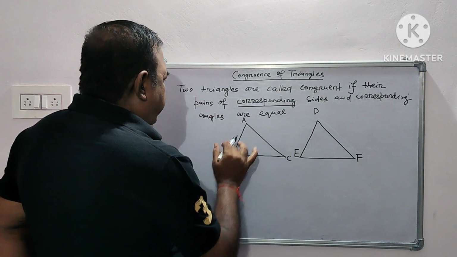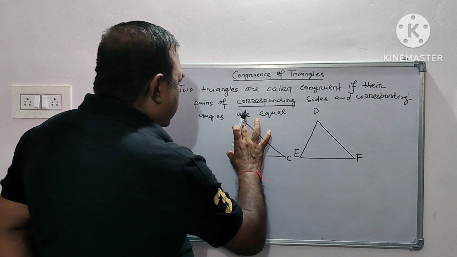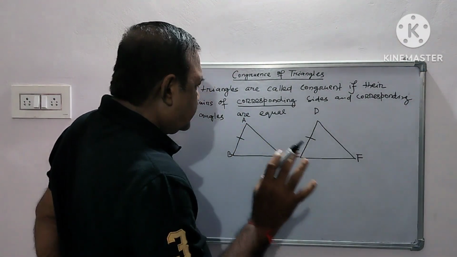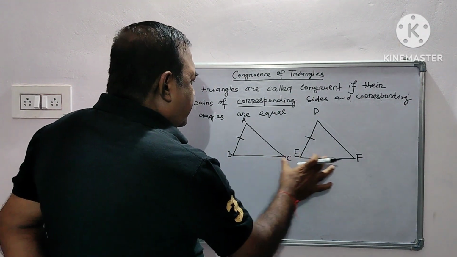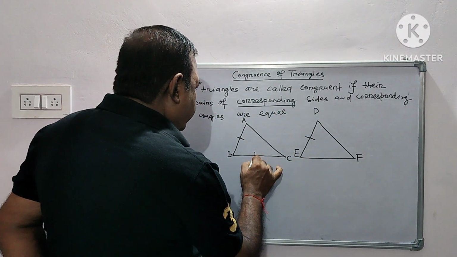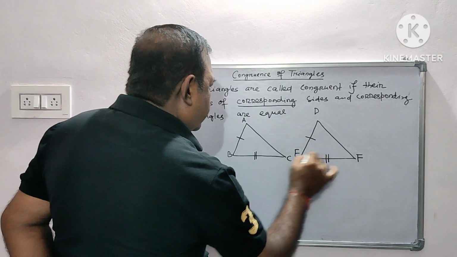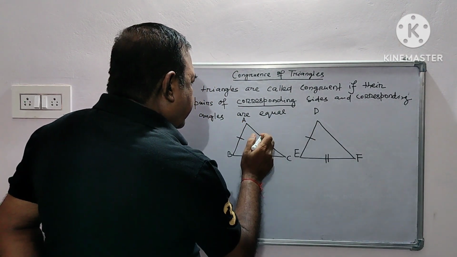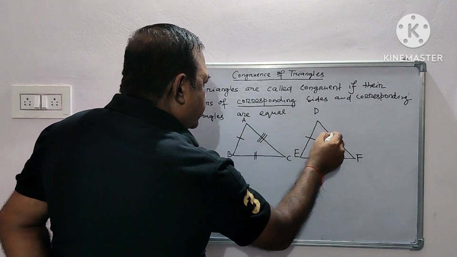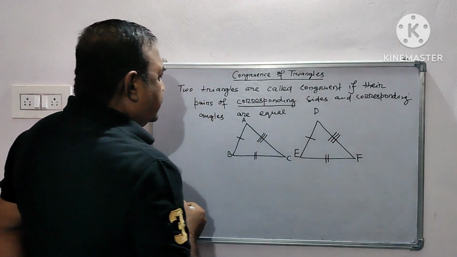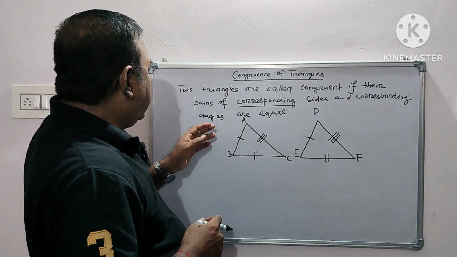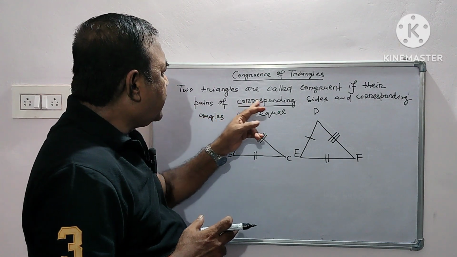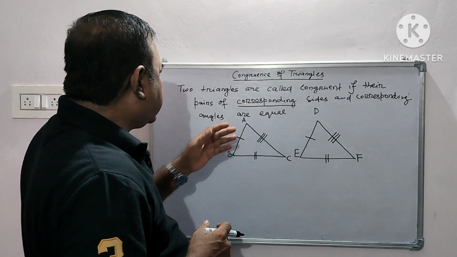Suppose the length of AB is equal to the length of DE. Suppose the length of BC is equal to the length of EF, and the length of CA is equal to the length of FD. So two triangles are called congruent if their pairs of corresponding sides are equal. What does pairs mean?